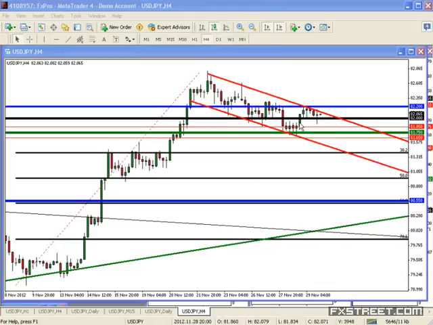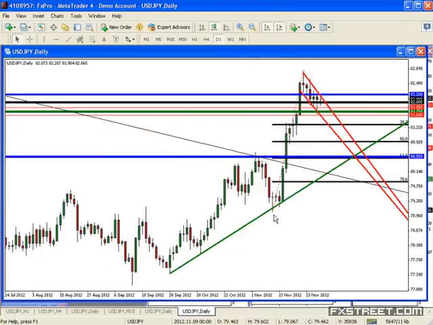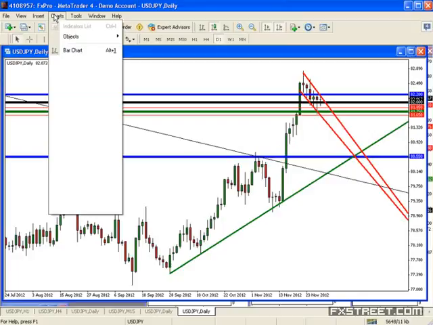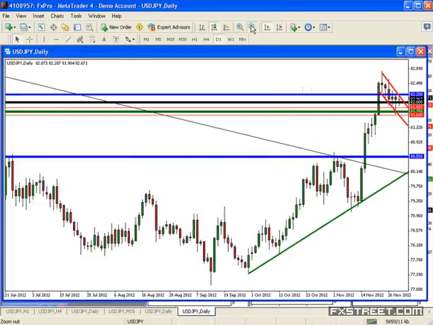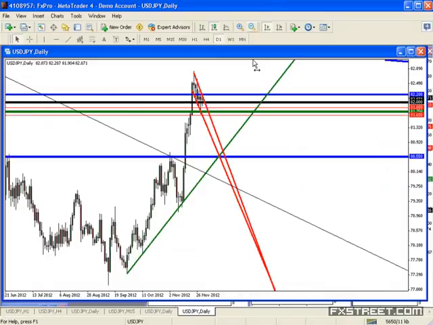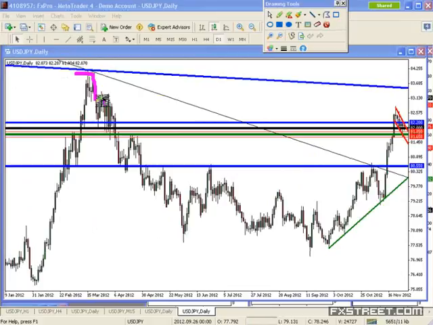The only reason why I'm emphasizing a so-called shallower dip and the prospect of the dollar yen continuing up is that I cannot ignore this. Let me go back to this daily chart and shift this over a little bit. I still cannot forget this move.